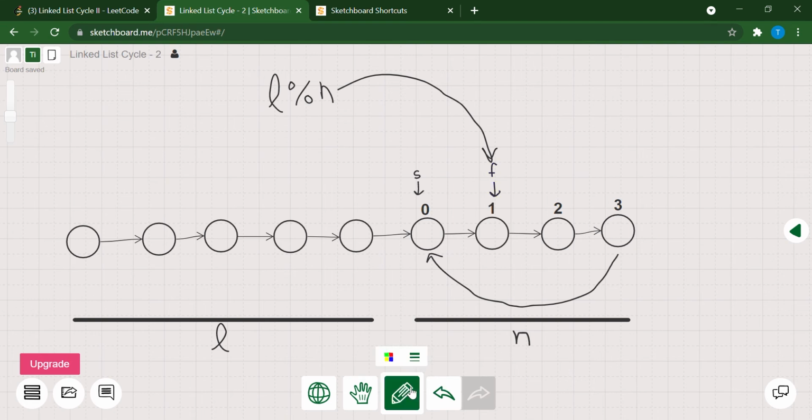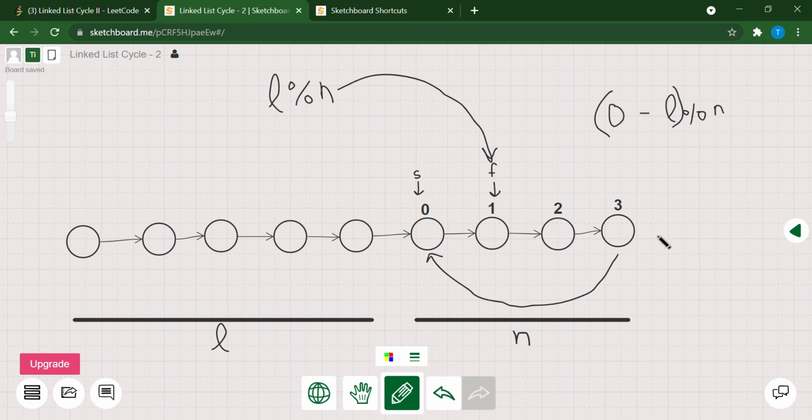So that's just going to be 0 minus the index of the fast pointer, but this is in a modular integer system. So that's going to be 0 minus L mod n.